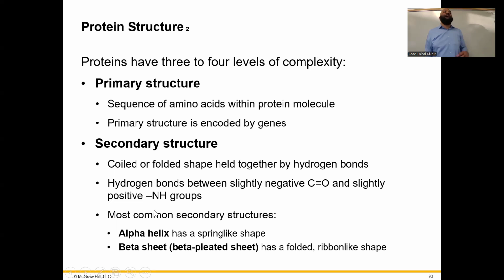So usually they ask about this one. Is an alpha helix or beta pleated sheet an example of a primary, secondary, tertiary, or quaternary structure? Secondary structure. Yeah, this one is high yield. Know that alpha helix and beta pleated sheet conformations are secondary forms of protein.